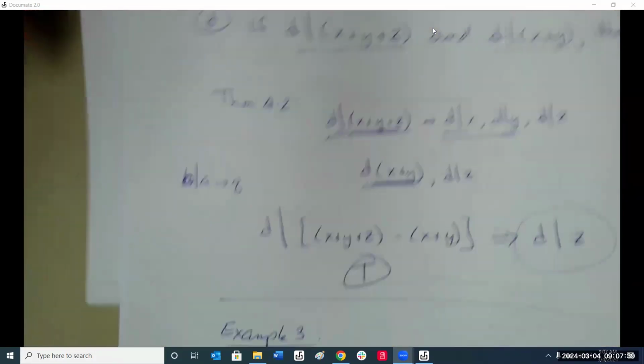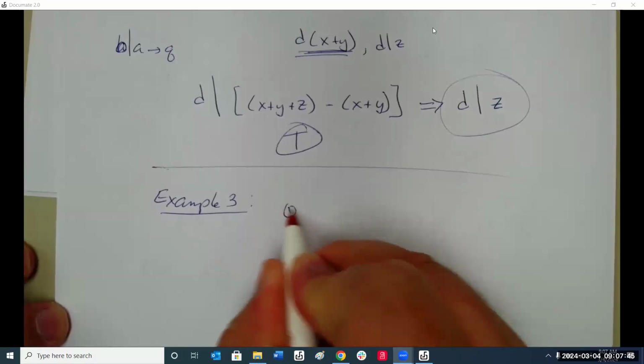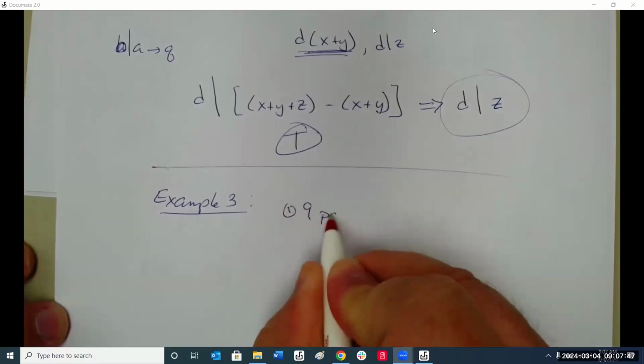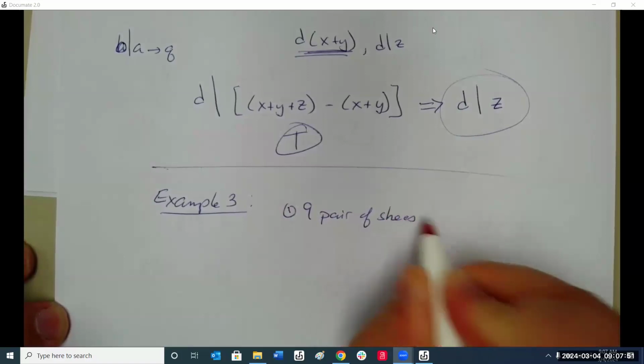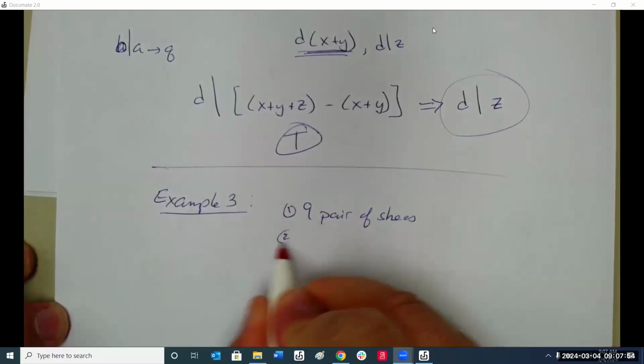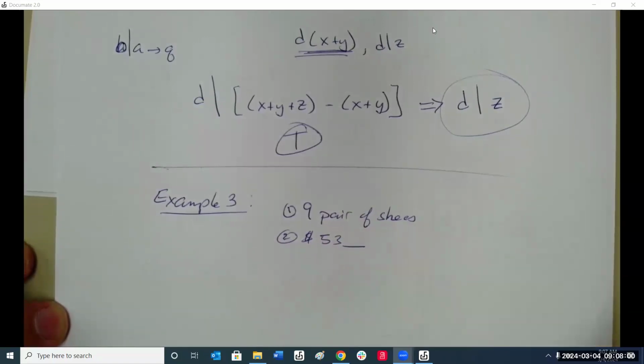Let's see what we're given here. 9 pair of shoes. The cost was 5, 3, blank.